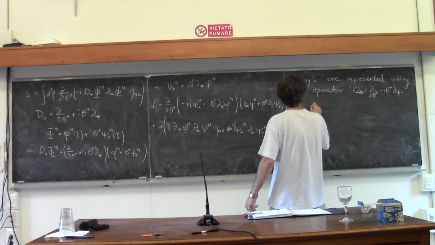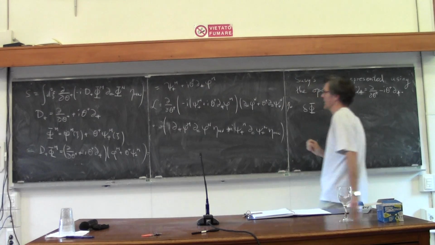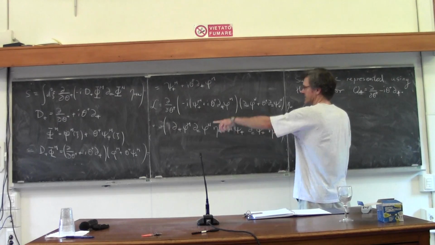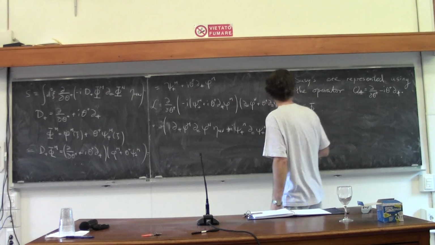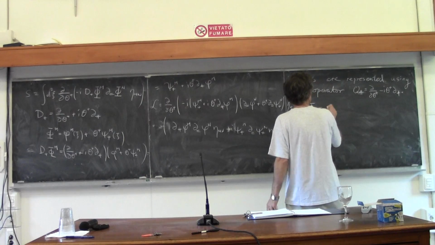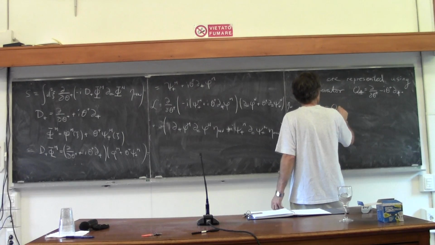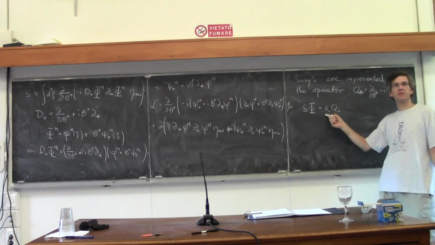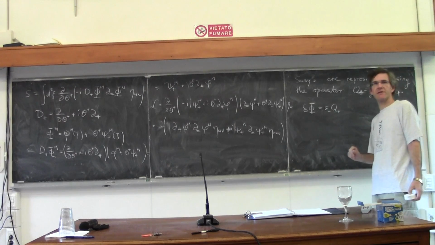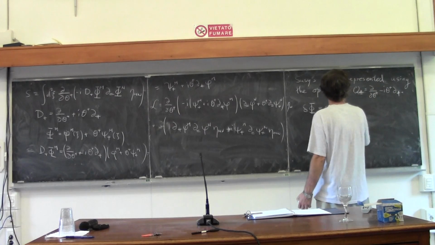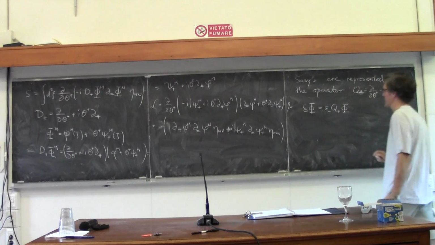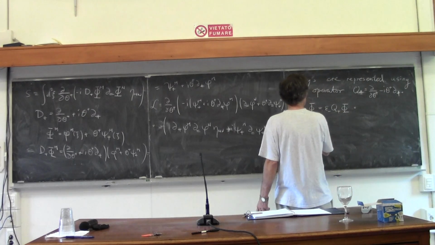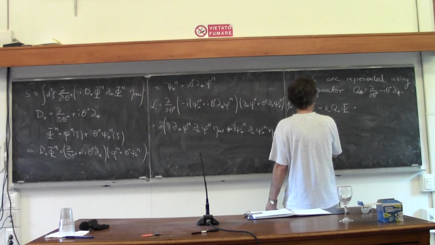So my claim is that if I do a supersymmetry transformation on this superfield big phi, it can be realized, and now I include the parameter epsilon minus, which I had yesterday, by acting with this operator Q on this. We can write it out explicitly to see how this goes.